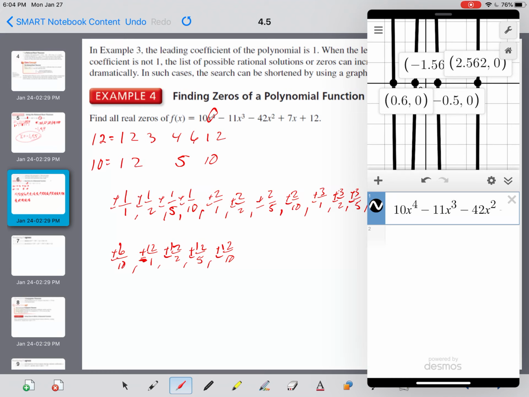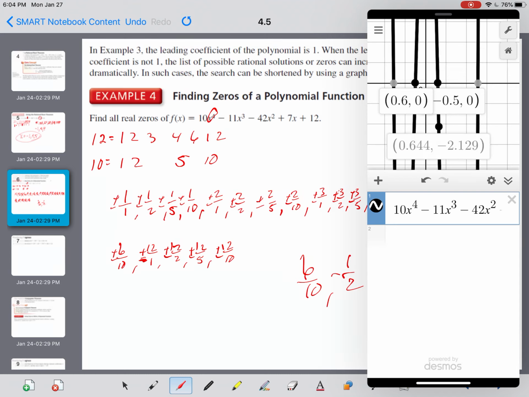They're all decimal places. Some of them aren't that bad because 0.6 is 6 over 10. So that's one of them. Negative 0.5 is negative 1/2. The others are the trouble spots. We're not really sure how to do those as fractions.